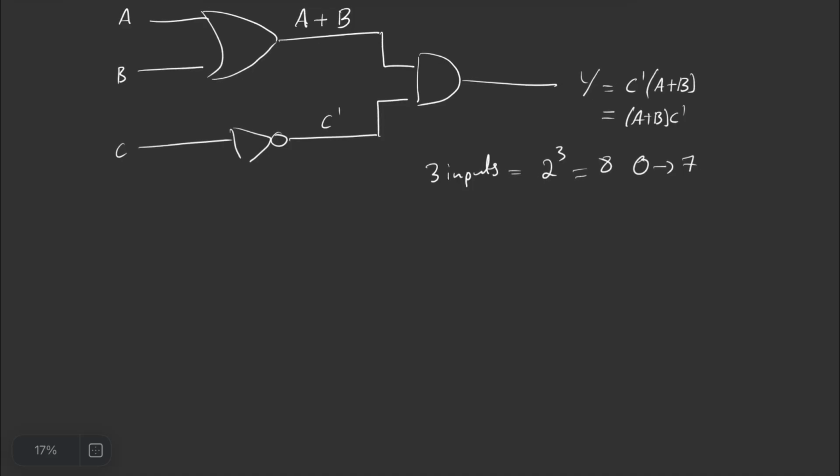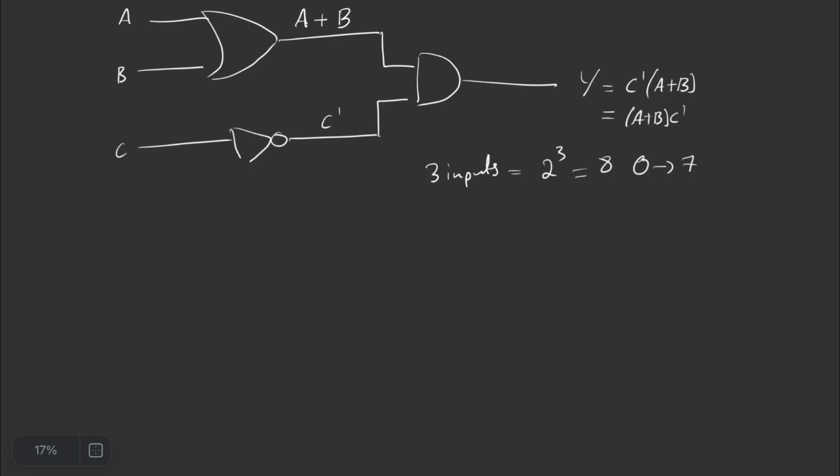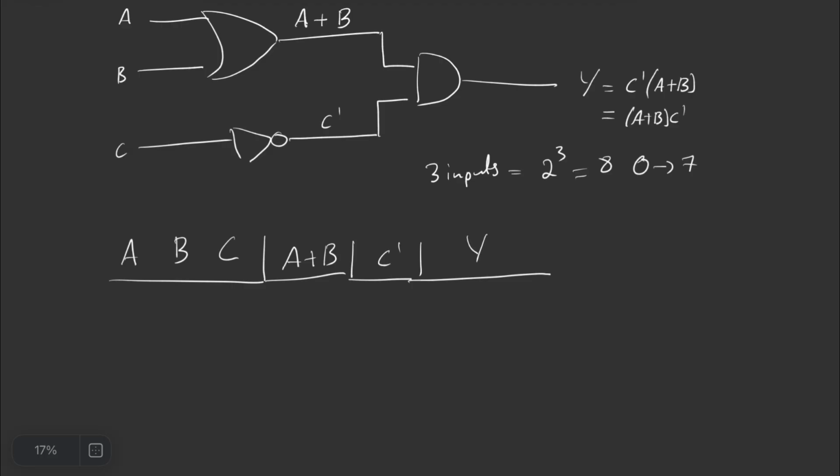We are going to have 3 inputs, 2 intermediate steps, and our output. So we are going to have A, B, C. Then we are going to have A plus B as one intermediate step, and then C prime as another. And then we are going to have our output Y.